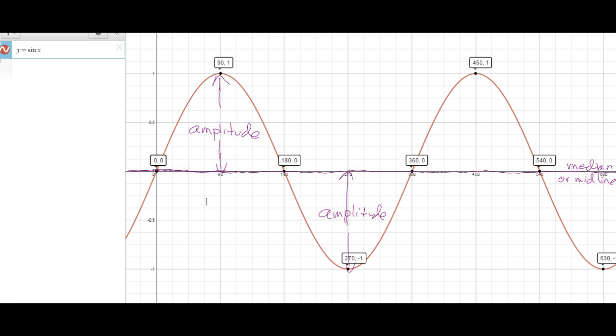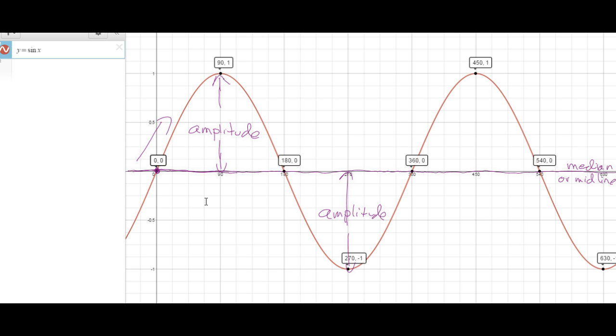Okay, a sinusoidal function is called a periodic function. So it repeats with a period. I like to just say the period is split into four parts. Here are the four parts. It starts in the middle, right? At 0, 0, in the middle, and the graph is going up.